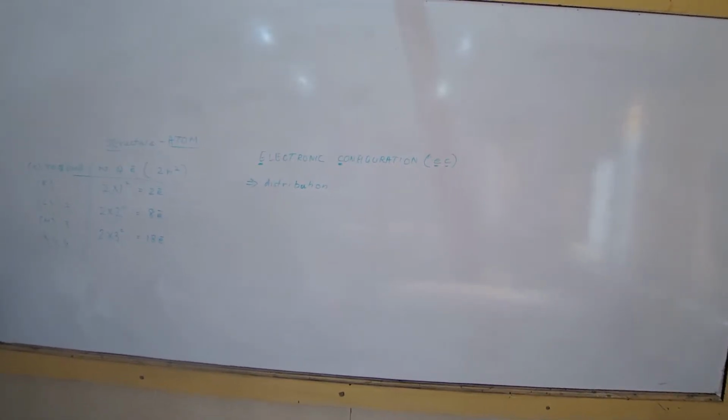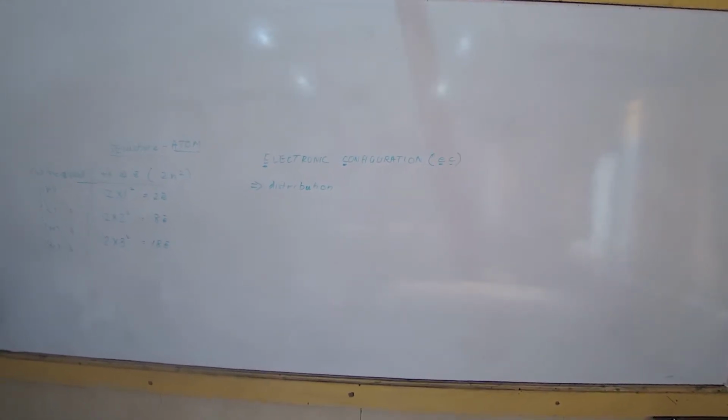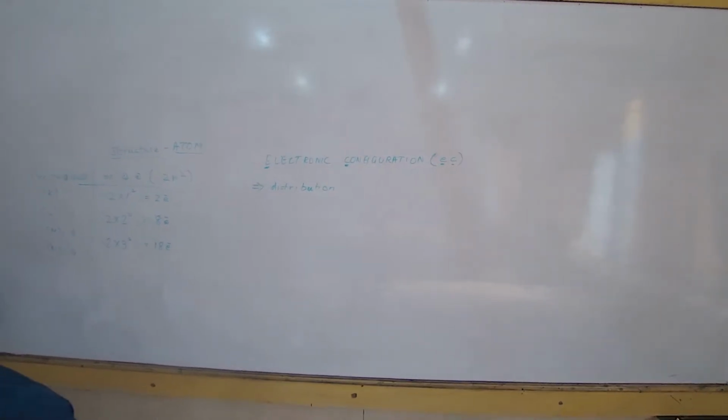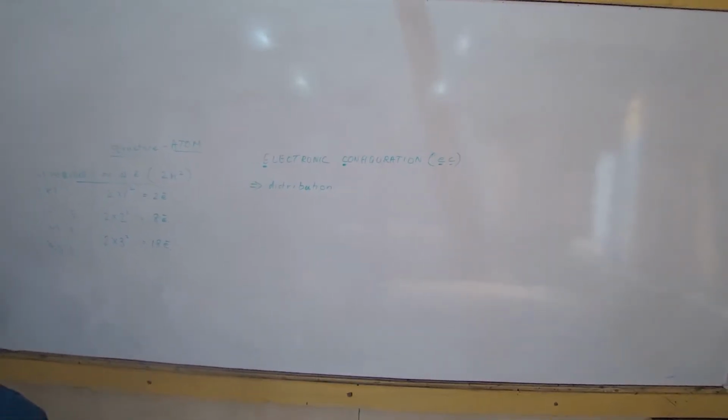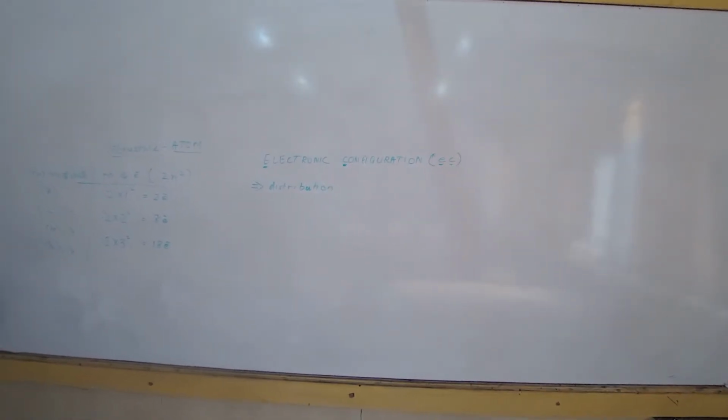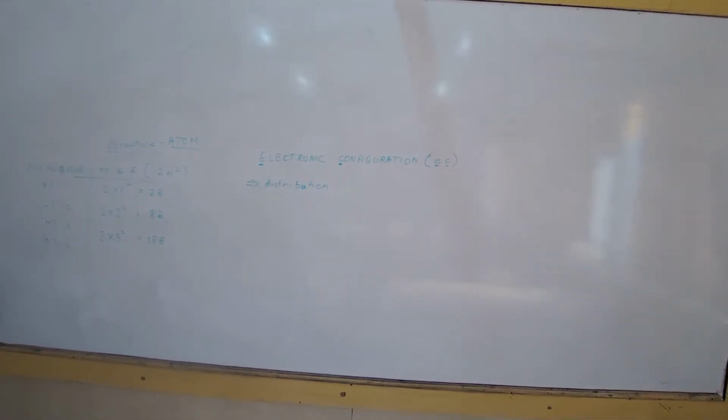Electronic configuration refers to the distribution of electrons in various orbits.